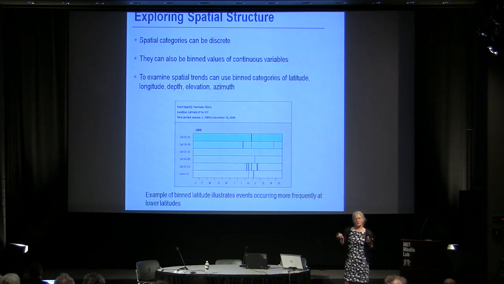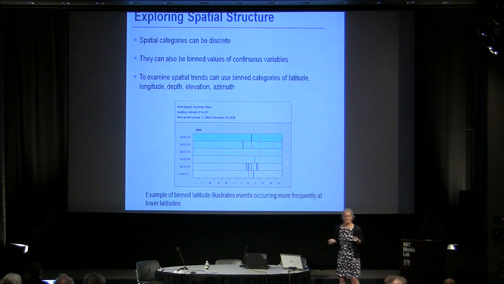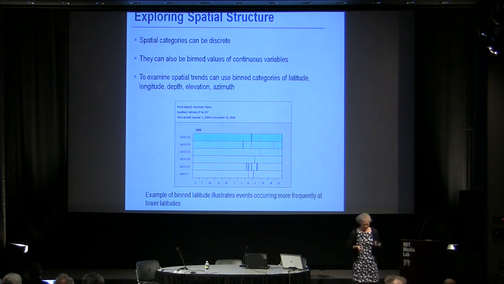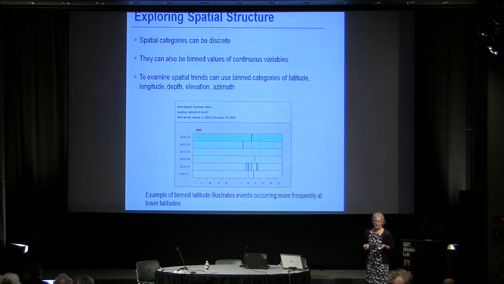And so far I've referred to assigning just discrete categories, sort of place names or place labels, to the bands. But another possibility is to use bin values of some continuous variable, like latitude, longitude, elevation, azimuth.